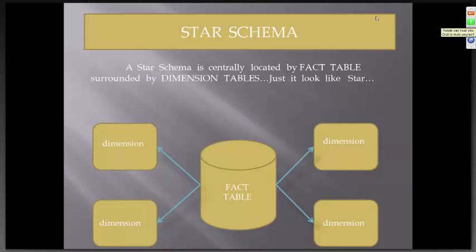I'm not asking about extraction, dimensions, facts and all these things, just what is a schema first. A schema is a collection of objects. Whatever the objects, maybe tables, views, indexes, sequences, synonyms, functions, procedures, triggers.